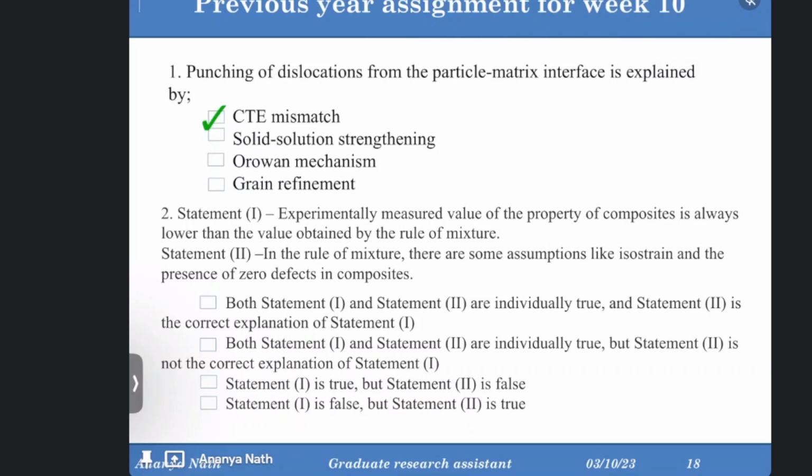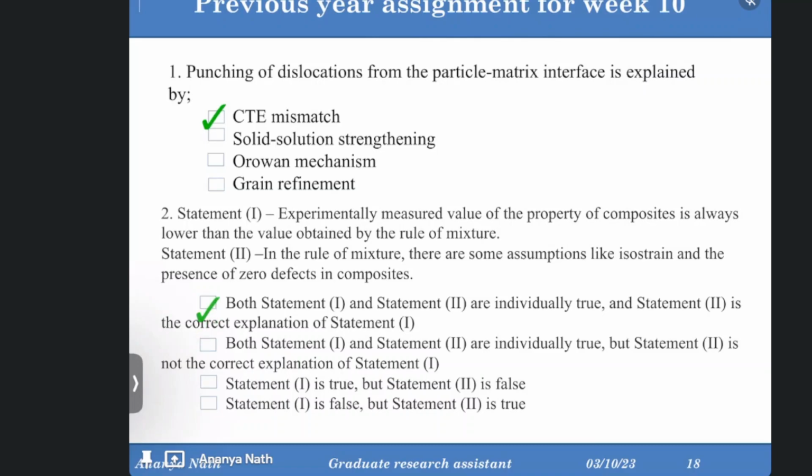Statement 1: the experimentally measured value of a property of a composite is always lower than the value obtained by the rule of mixture. In the rule of mixture, there are some assumptions like isostrain and the presence of zero defects in composites. Both statements are true and the second is the correct explanation of the first.